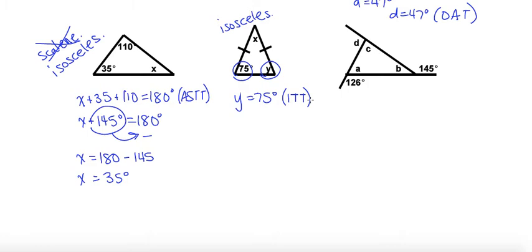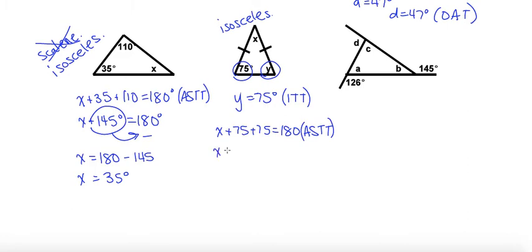And now we can use the properties of the angle sum of a triangle theorem to solve for x. So we know that x plus 75 plus 75 is equal to 180. So that's the angle sum of a triangle theorem. That's what we used in that previous example.